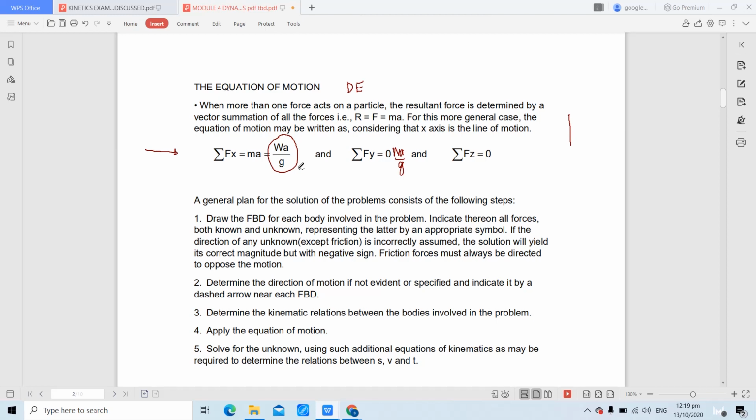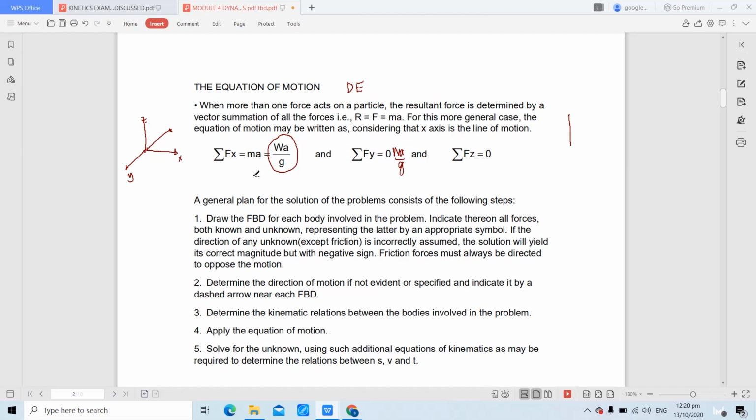Paano naman kapag dalawang dimension yung motion? Kunyari, it travels. Kunyari, ito yung system natin. This is X. This is Y. This is Z. It travels along X and then Z axis. Therefore, yung summation of vertical force natin or summation of force along Y axis is equivalent to 0. Yung reverse effective force natin nakay X and nakay Z, dahil dalawang motion.